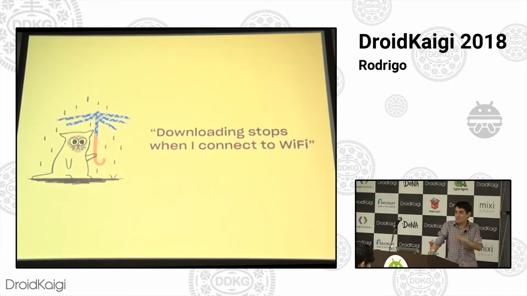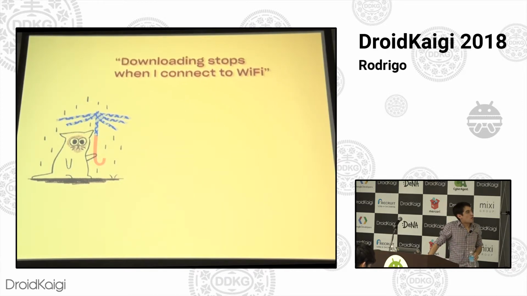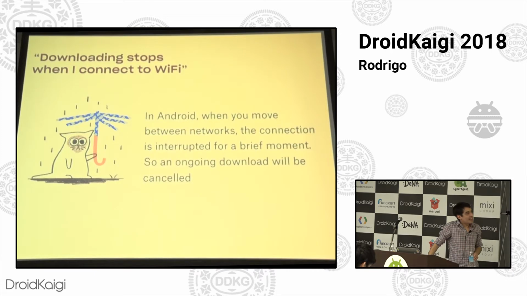And then I send for QA again, and this is what happens. Download stops when I connect to Wi-Fi. It's interesting. Why does that happen? Well, in Android, when you move between networks, even if you're upgrading, like going from cellular network to a wireless network, there's going to be a brief moment where the connection is interrupted.